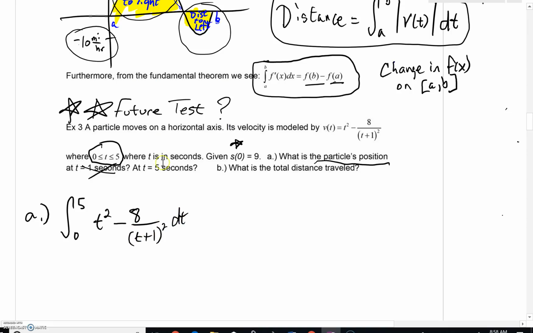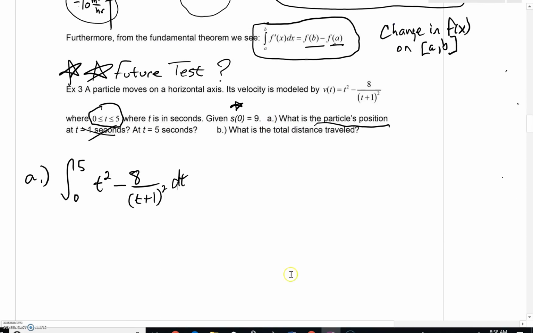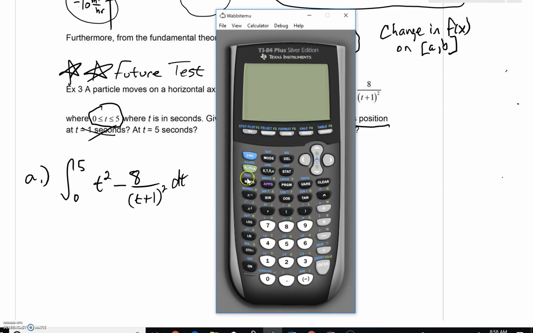As I'm just integrating here, I'm going to get displacement. I'm going to get my change in position. So let's see what happens here. I'd like to know how this works out. I'm going to type in math, come up here to fnInt. We'll go 0 up to 5.